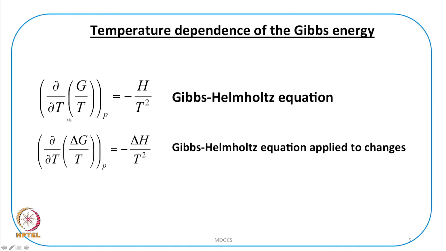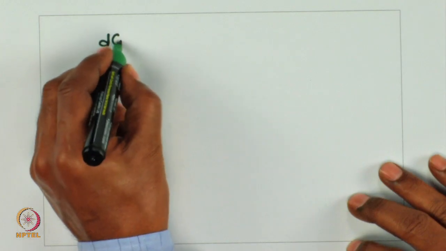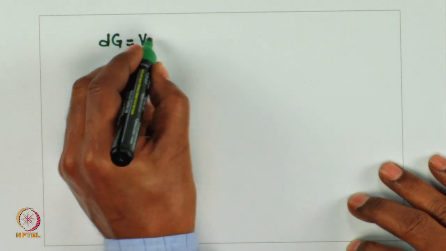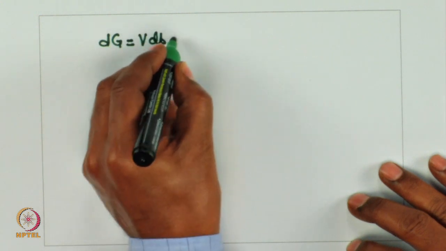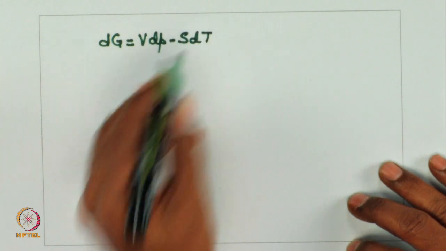Let us first derive the first equation, very easy to derive. We have just derived an equation that dG is equal to V dP minus S dT.